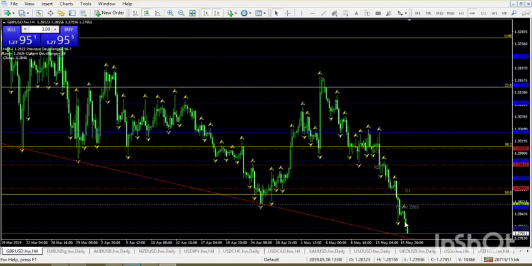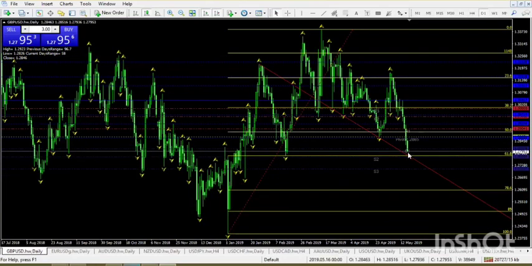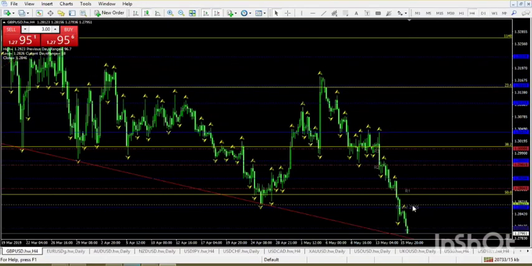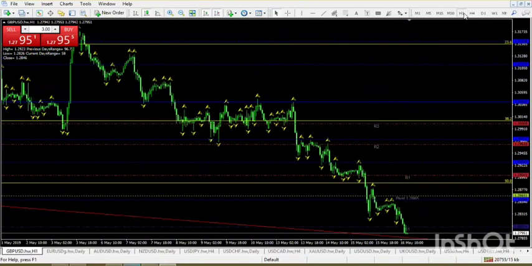But I want to get the confirmation now. So I look at the 4-hour time frame, and I can see that the candlesticks that are completed here are also descending. So that is a confirmation for me. It confirms the daily signal. So both of these time frames are giving me the same signal. That is a confirmation for me. So it's going to decline.